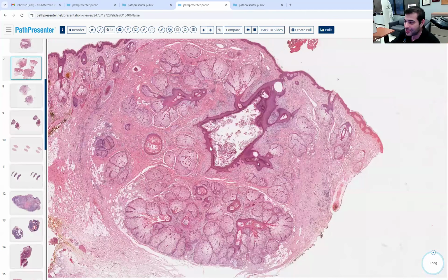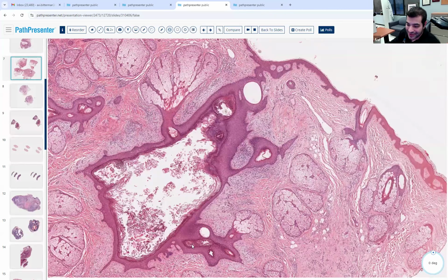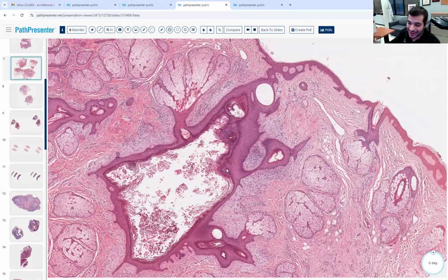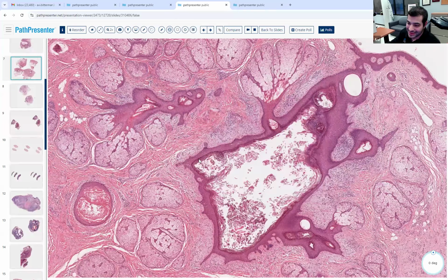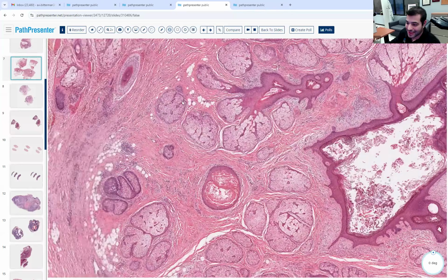So what kind of hamartoma were we thinking? We have follicular structures, sebaceous structures, the cyst. Is there a hamartoma that has all those things?